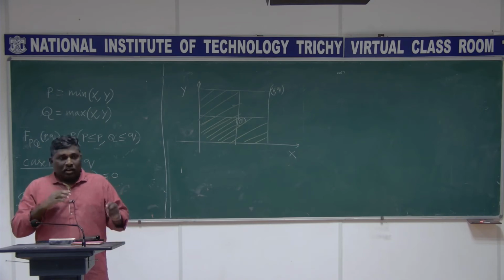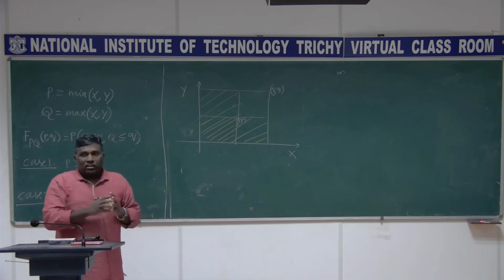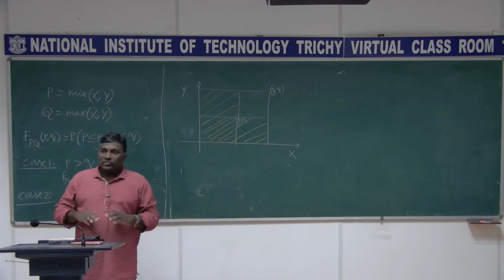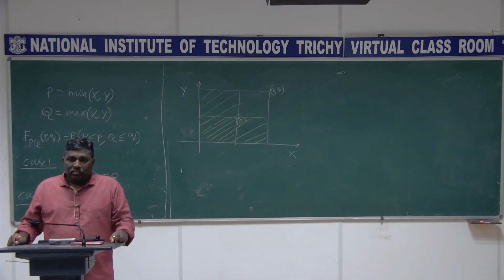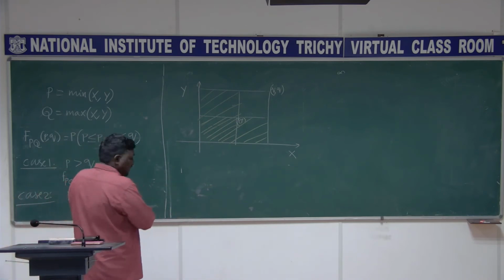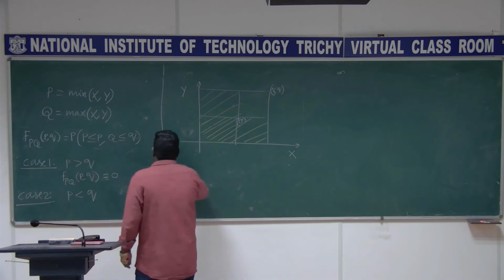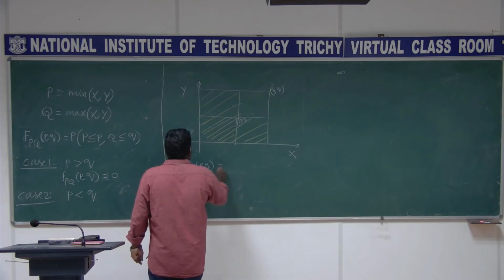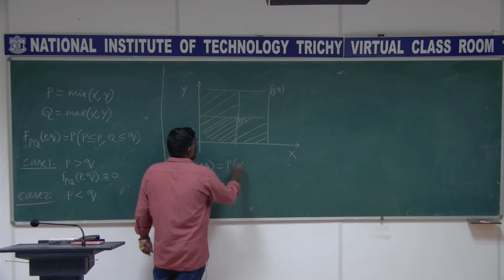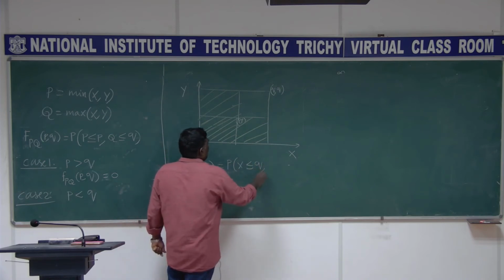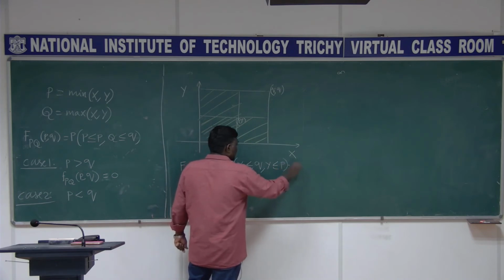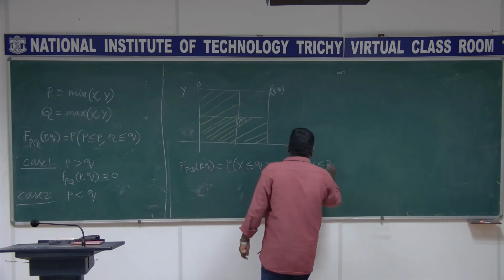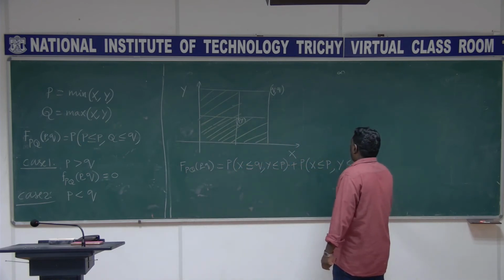But when I am obtaining this range, we understand that this range we have collected twice, which we need to remove. So instead of writing this, we go for the distribution function. F_PQ of p comma q is the probability of X less than or equal to q and Y less than or equal to p, this is one range, and you have one more: probability of X less than or equal to p and Y less than or equal to q.